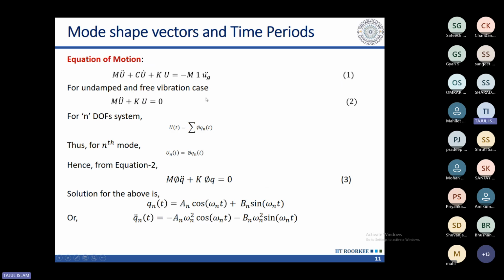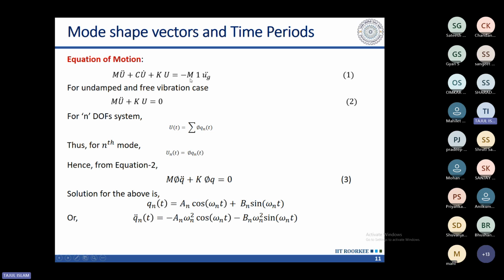So this is the mathematical interpretation of whatever we have discussed so far. You have the general equation of motion, which is this one. So you have the mass matrix. Actually, all the quantities here you can see are either matrix or vector. So on the left side, all the quantities are matrix.